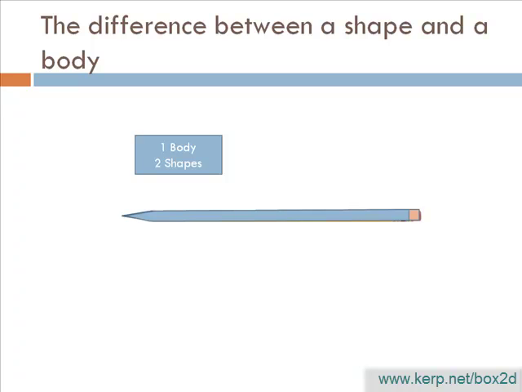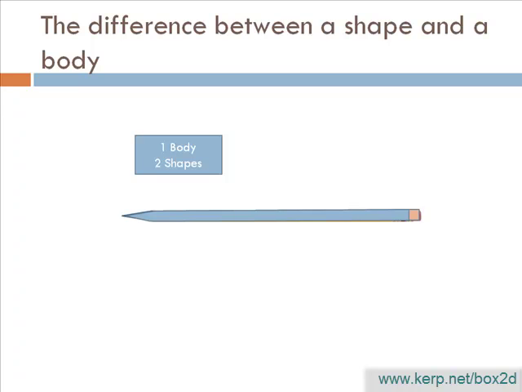You could essentially create one body that's made up of two shapes. So these two shapes would consist of the wooden end, that's the long skinny rectangle with the pointy tip, and the rubbery end, that's the square at the end. These two shapes would now be attached to the same body, but they would have very different properties.